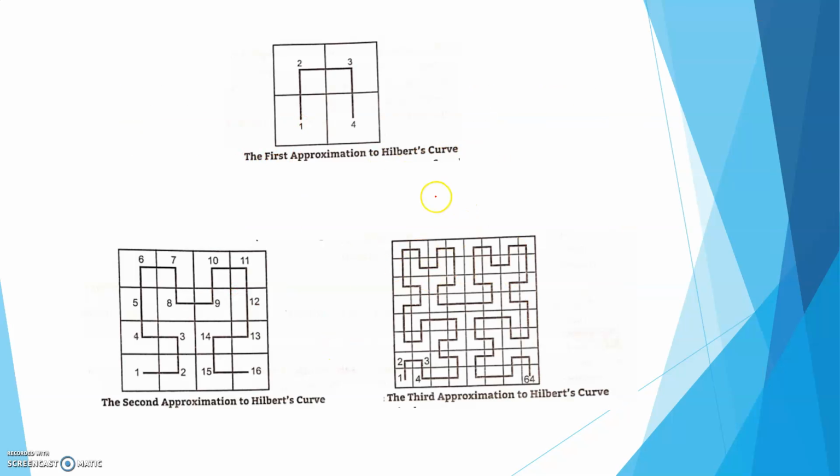As shown in the diagram, you can see that we have divided the particular square into 4 quadrants, and what we have to do is connect the center of each quadrant. This is the center, then we have to connect it, then this is the center.